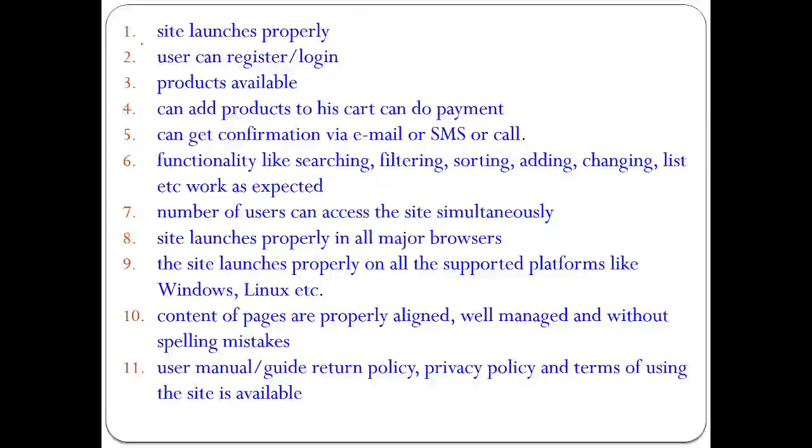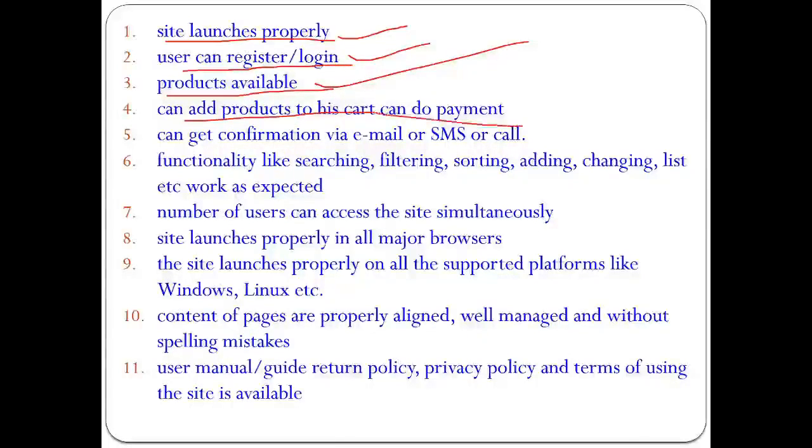These are the test scenarios: site launches properly, user can register or log in, products are available. These have to be tested: whether the site launches properly, whether the user is able to register, whether the products are available and visible, whether the user can add products to the cart, make payment, and get confirmation through email or SMS, and functionalities like searching, filtering, sorting, adding, changing the list, etc.